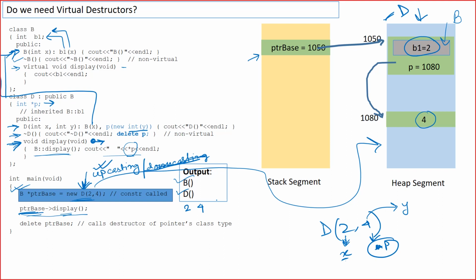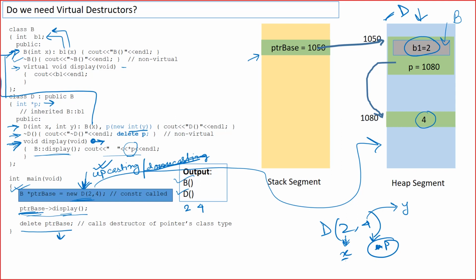Okay. Are you getting my point? Yes, ma'am. So next comes this delete pointer base. What happens when we delete something? The compiler calls the destructors. Destructor is also a function. Pointer base is which type of pointer?